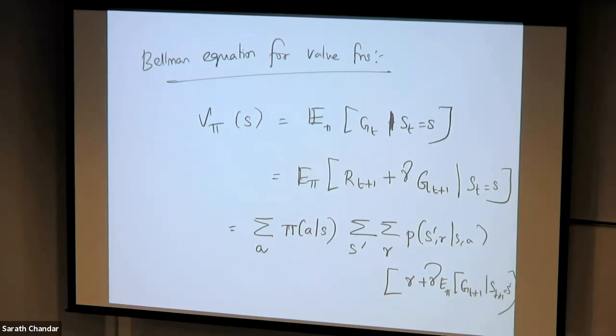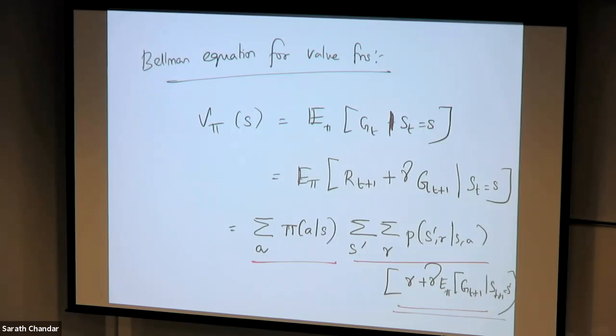Like so, summation over a, probability of a given s. This is expectation with respect to pi. Then, for all possible values of next state and reward, like we are looking for expected return, right? What would be the return?